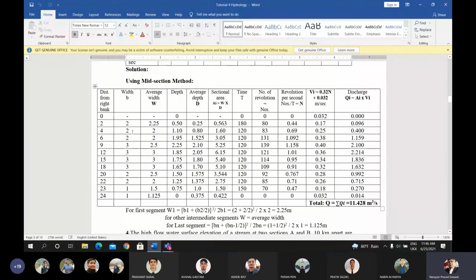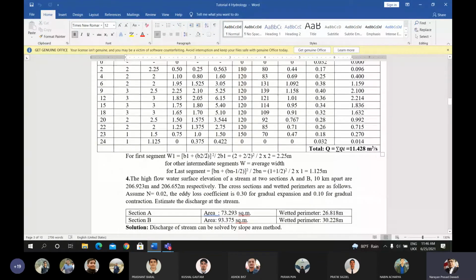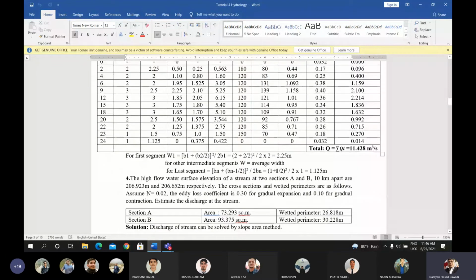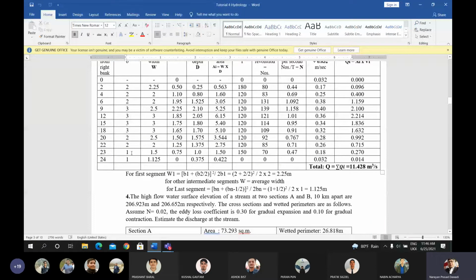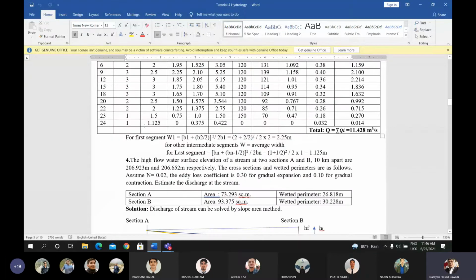The value of B1 is 2 and B2 is also 2. So the width of the first segment will be 2.25 meter. And for the last segment, the (n minus 1)th width is 1 and the nth width is 1. So Wn will be (1 plus 1) by 2, whole squared, divided by 2 into 1. You will get the value of 1.125 meter.